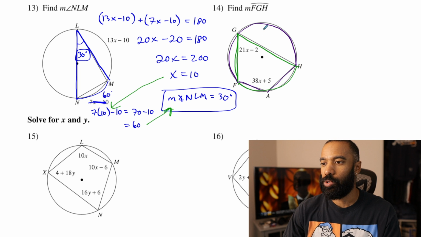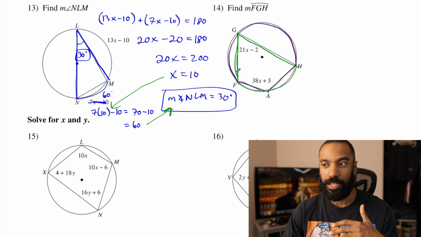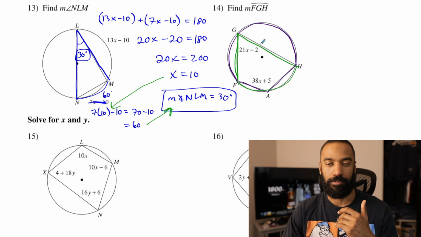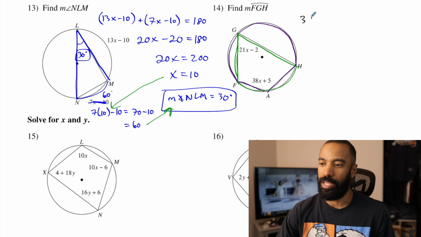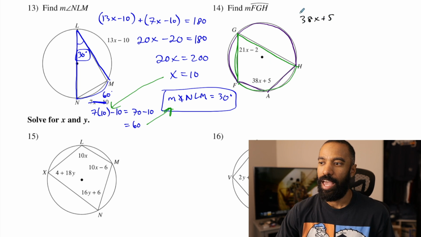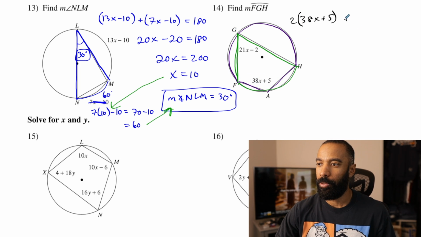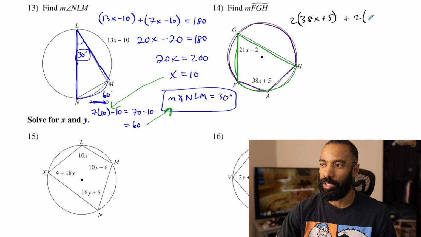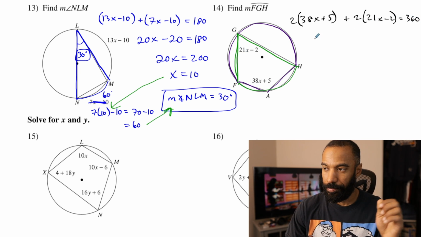So just look around the outside of the circle and see that nothing is uncovered and nothing overlaps. That means together, these add up to 360. Their actual measures would be taking the 38x plus 5 and doubling it to get its intercepted arc, plus taking the 21x minus 2 and doubling that one for the green's intercepted arc. And again, together, those would add up to 360.